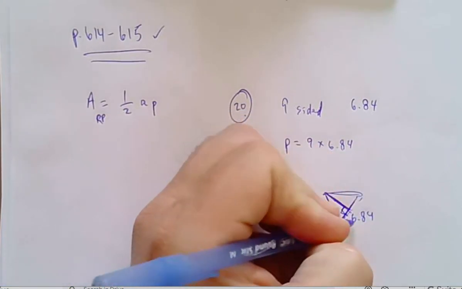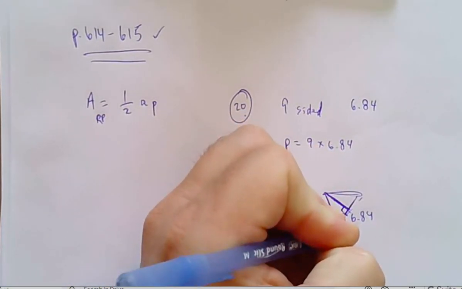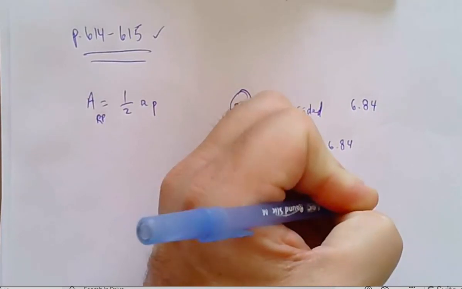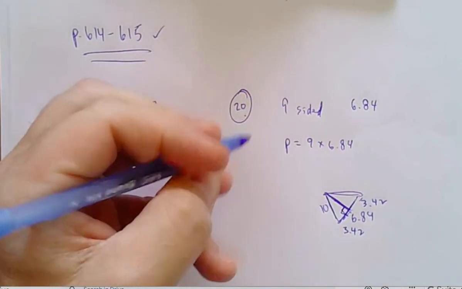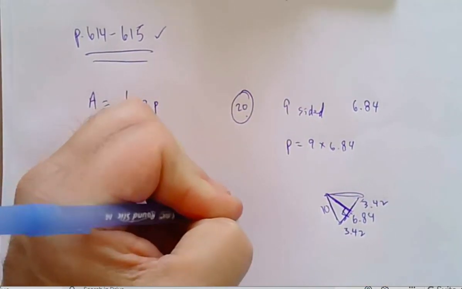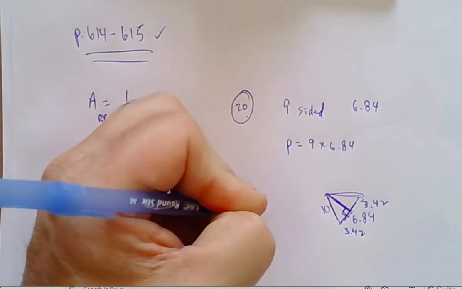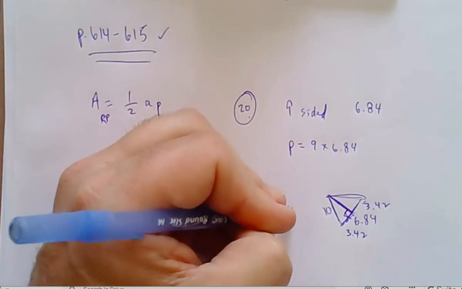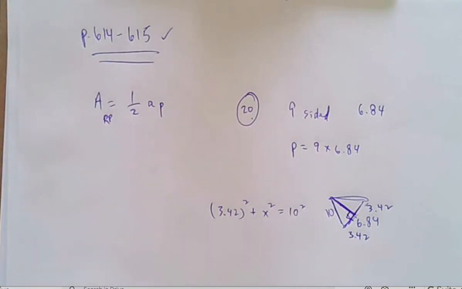Half of 6.84 is 3.42. So you would have to use the Pythagorean theorem to find the apothem. Working that out, you get 9.4.